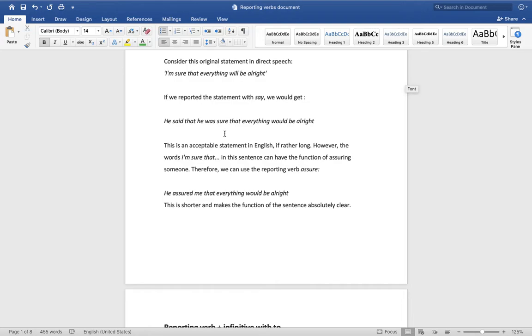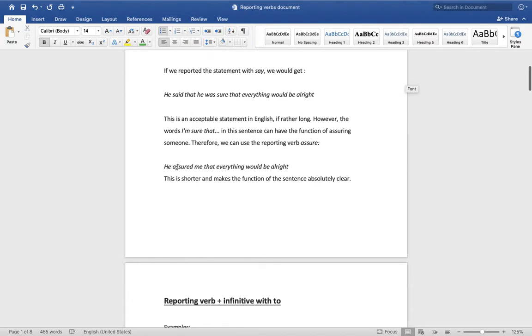So if I follow the rules of reported speech, you would see that I changed the verb to be here in present simple for the verb to be here in past simple, verb in future simple with will for the verb in conditional would, right? And he said that would be our reporting verb, okay?